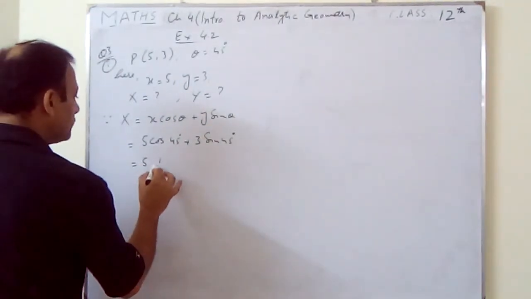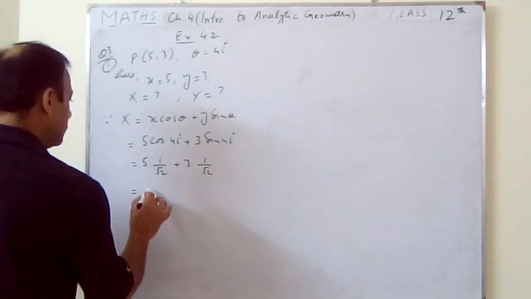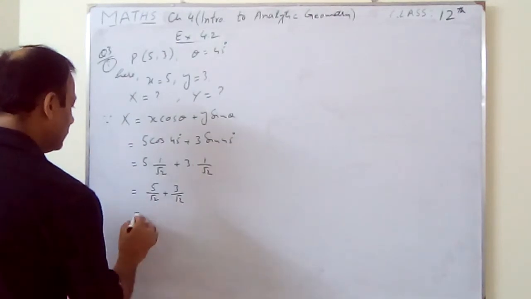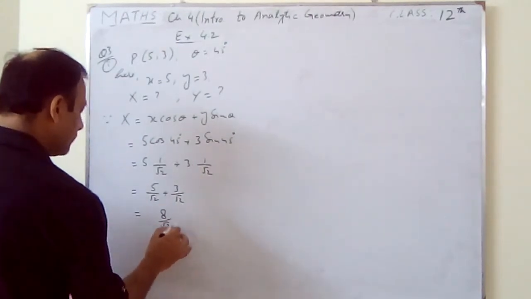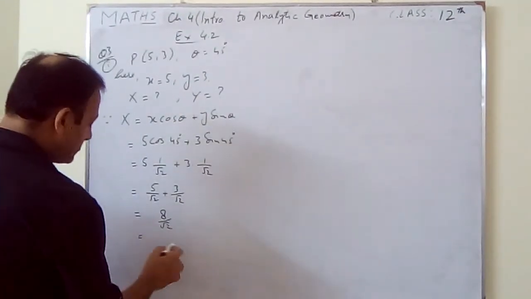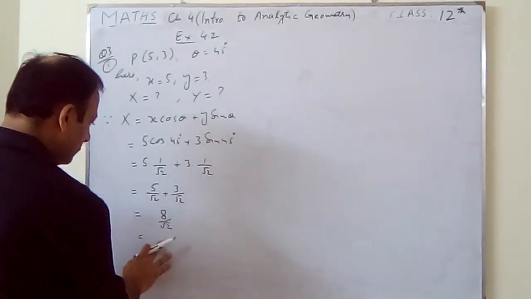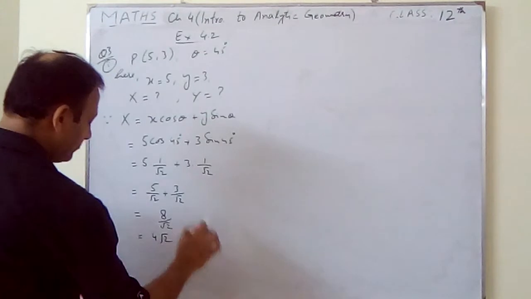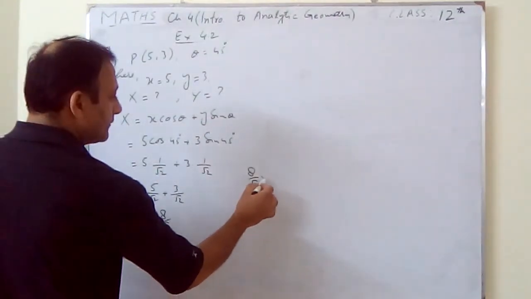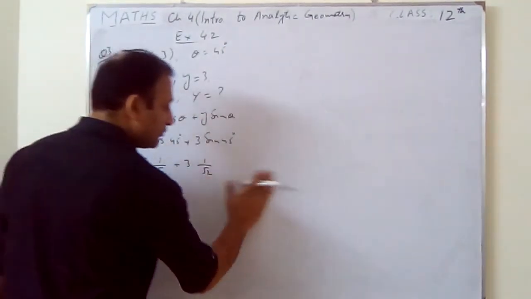That is 5 into 1 over square root of 2 plus 3 into 1 over square root of 2. 5 over square root of 2 plus 3 over square root of 2 is 8 by square root of 2. And if you rationalize it, you will get 4 into square root of 2. How to rationalize? The 2 remains, and 2 cancels with 8 to give 4.